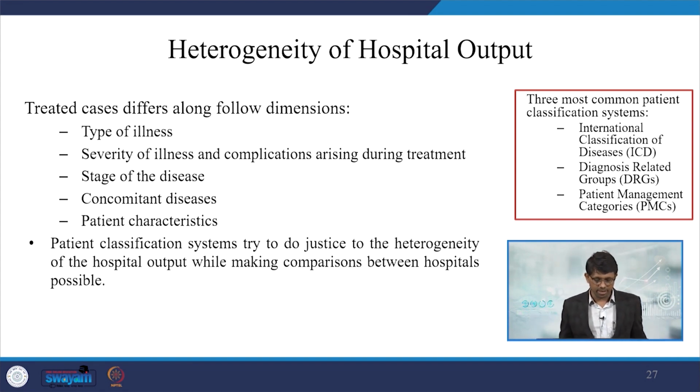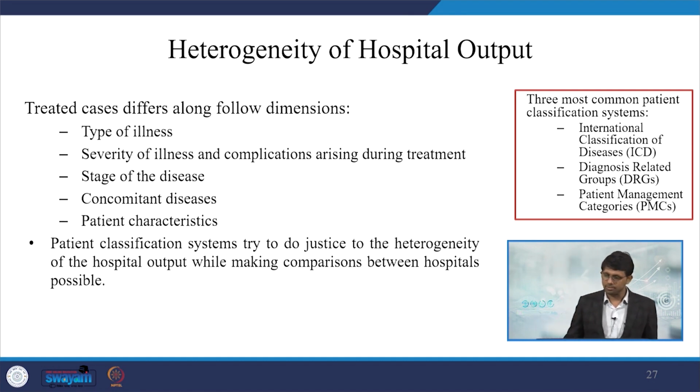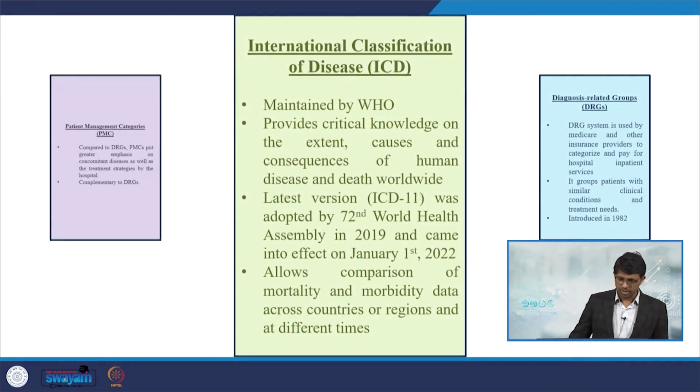Treated cases differ along the following dimensions: type of illness, severity of illness, complications, stage of the disease, concomitant disease, patient characteristics, etc. Three most common patient classification systems we usually refer to: one is the ICD standard, International Classification of Diseases, then diagnosis related groups, DRG groups, and patient management categories, called PMCs. So I think I have already explained.